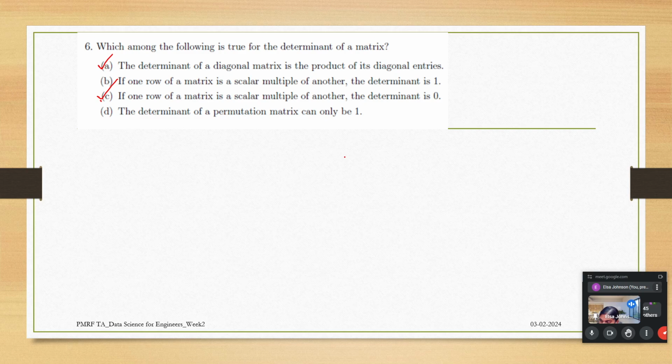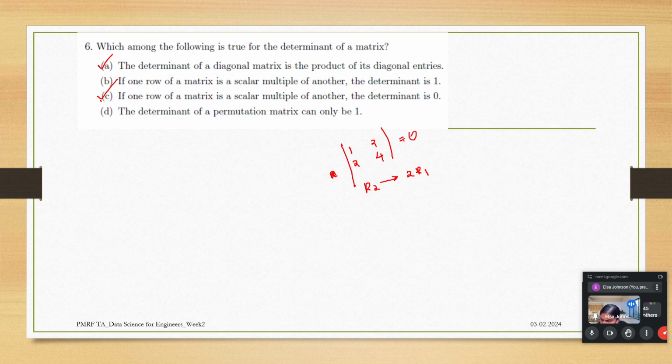Those who answered A, just check: if you have 1 2 and 2 4, and you find the determinant, row 2 is a scalar multiple, 2 into row 1. The determinant is 0. So the answer is A as well as C.